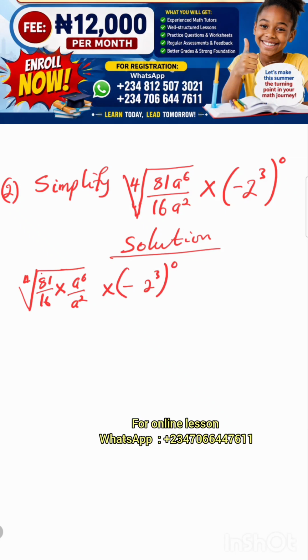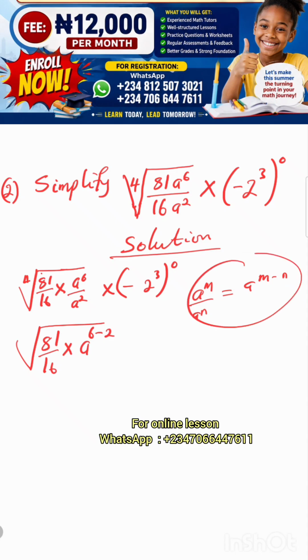Now we apply the law of division to a raised to power 6 over a raised to power 2, so we have the fourth root of 81 over 16, then times a raised to power 6 minus 2, because a raised to power m over a raised to power n becomes a raised to power m minus n.